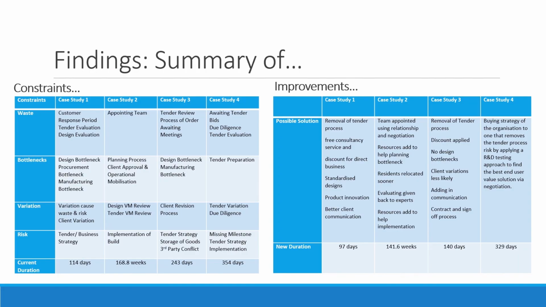From the cross-examinations of the findings, it was clear to see that even though the projects were selected at random from different projects and organisations, they all seem to have similar constraints and improvements, which are highlighted in the tables. And it's clear that the identification of the constraints and the solutions also highlight the importance of visualizing the Gantt for analysis to help better problem solving.